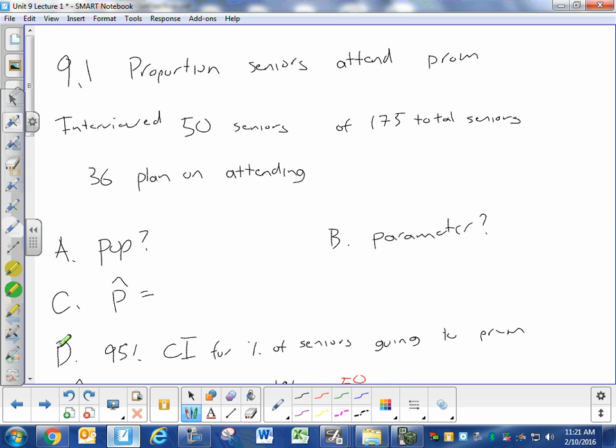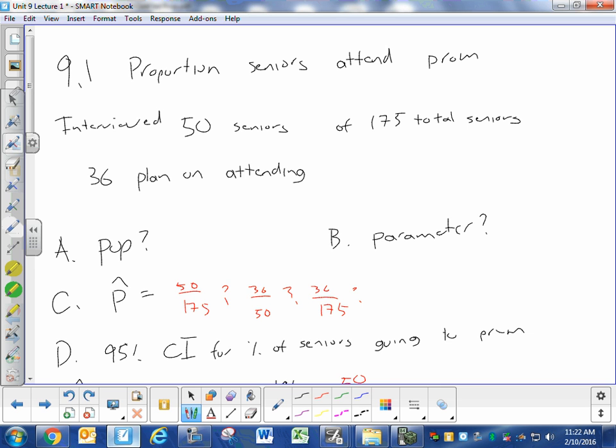Okay. Question, Ms. Rios. So the p hat, do we do 50 over 175 or 36 over 50? It's a great question. Should I do 50 over the 175, or the 36 over the 50, or should I do the 36 out of the 175? Right.